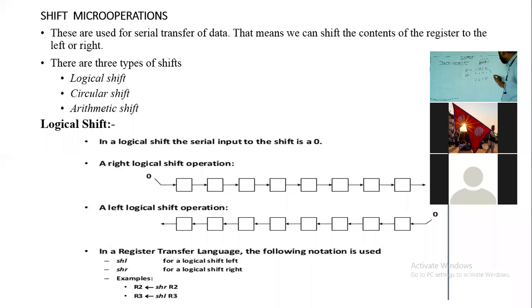So this is the 1's complement, 0010. Now add 1 to this number, which gives 0011. This is the 2's complement. Now add this number with R1.